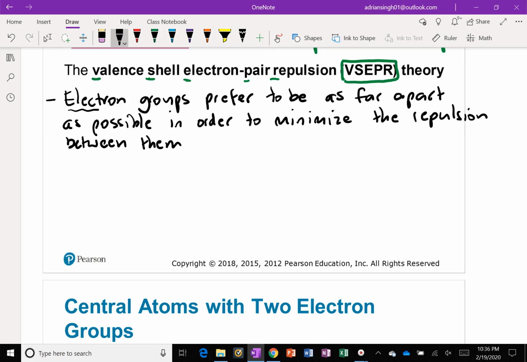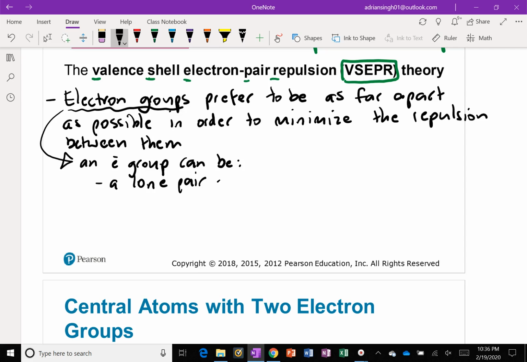So what are these electron groups that we're talking about? An electron group can be a lone pair of electrons. It can be a single bond.